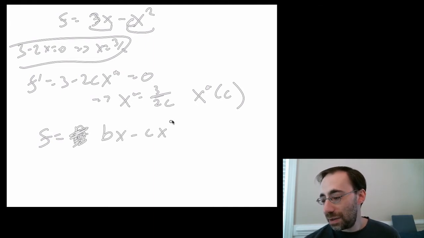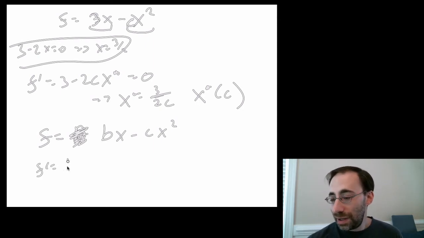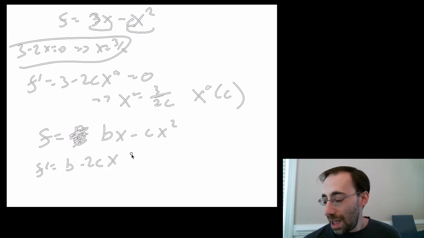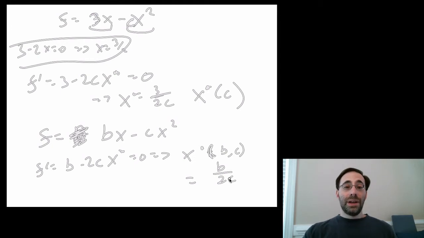So bx minus cx squared. Now b is like a relative benefit, and c is like a cost. Again, we can do the first order condition, and we get b minus 2cx equals 0, and we solve that and get that x star of b and c is equal to b over 2c. Now we have an explicit function of 2 parameters.